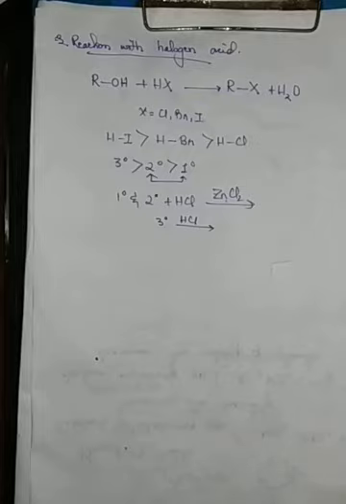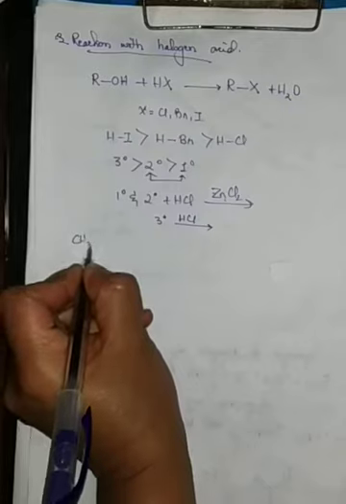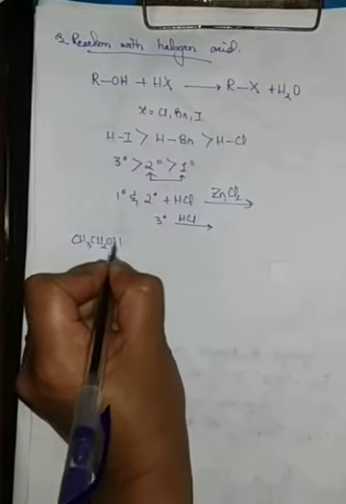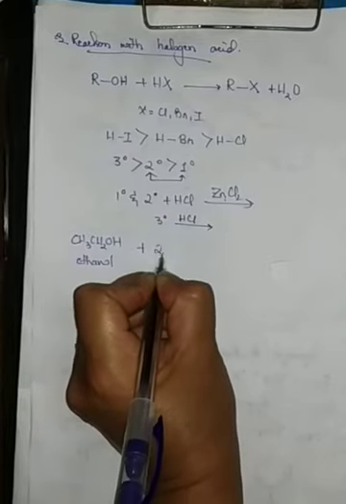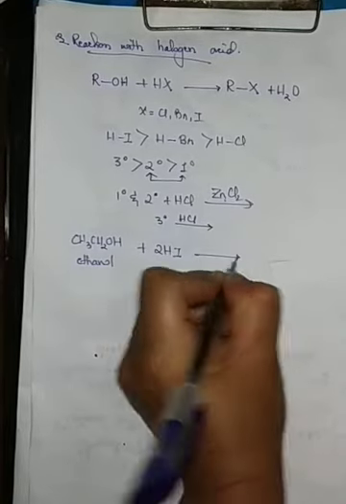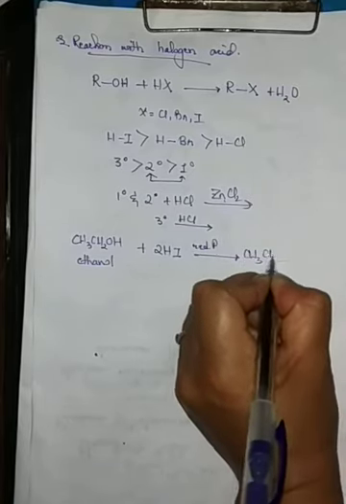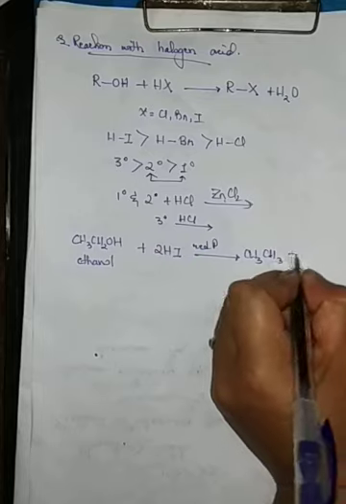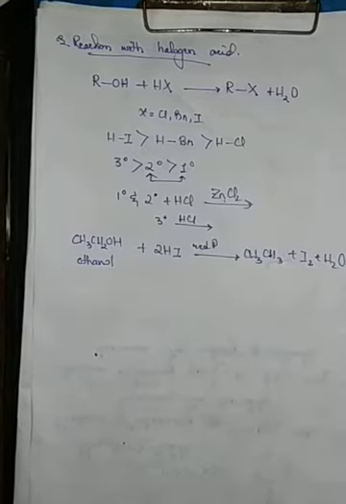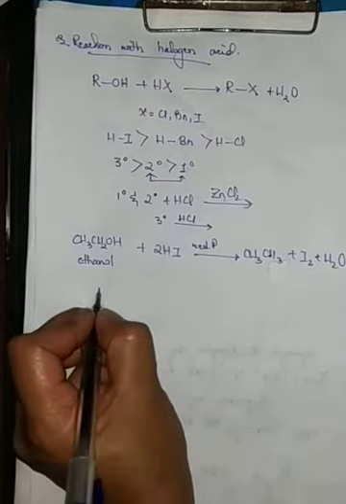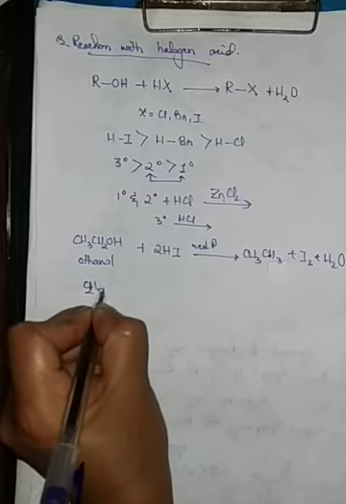Now, to study this reaction, let's do one example first. CH3CH2OH. This is our ethanol. Ethanol reacts with 2 moles of HI in the presence of red phosphorus to give us CH3CH3, ethane, along with I2 plus H2O. Now here, another example. Let's take our primary alcohol C2H5OH.